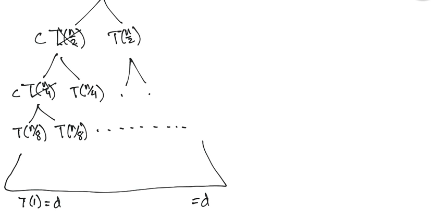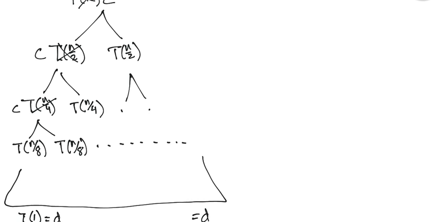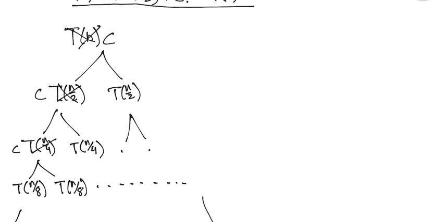So in order to figure out the sum of the values in this tree, we need to know a little bit more about it. In particular, we need to know how many levels there are in it, what the value is at each level, and so on. We can do this by doing just a little bit of bookkeeping.